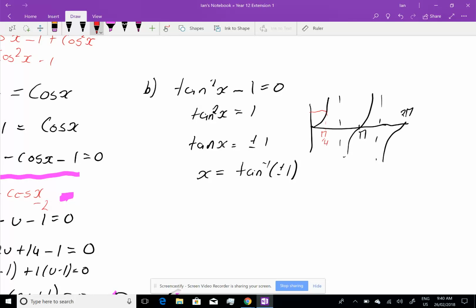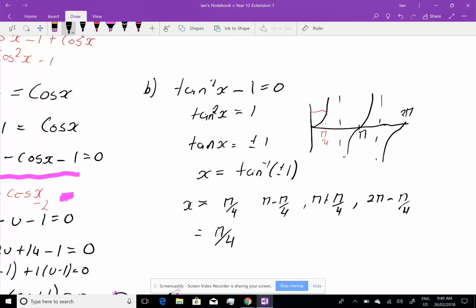And once I've got pi on 4, I've got all of them, because all the different angles are pi on 4. Then 180 minus pi on 4, which is pi minus pi on 4, 180 plus pi on 4, and 360 minus pi on 4. So I get pi on 4.